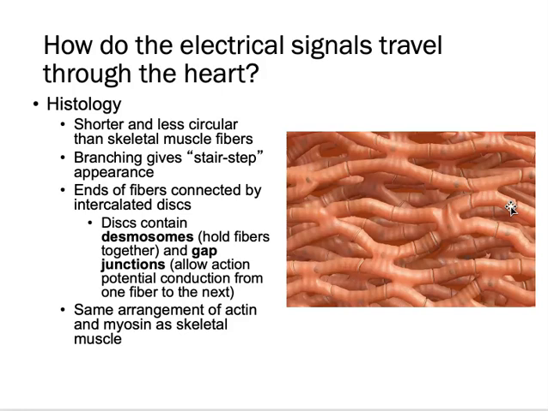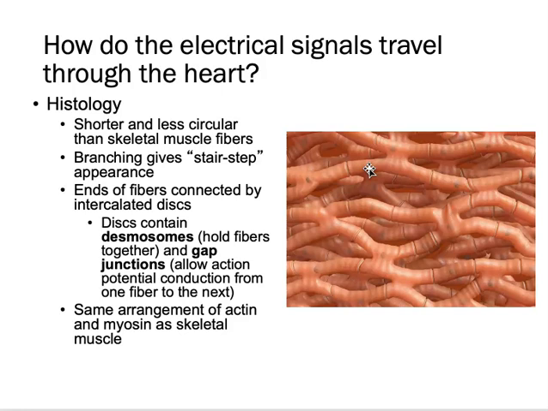So you get this nice wave-like rhythm of electrical signal, which is followed by a wave-like muscle contraction as well. Otherwise, they have the same actin and myosin as skeletal muscles, the same sarcomere arrangement. That's why it's also striated muscle, similar to skeletal muscle.